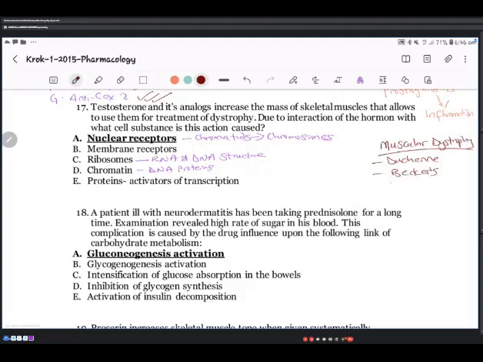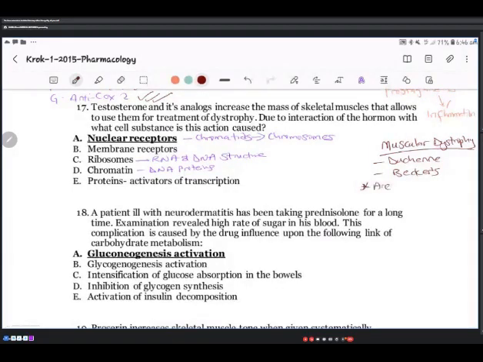Unlike the other inheritance, we used to have sex-linked and all of that. This is more of the chromosomes. Abnormalities. All right.